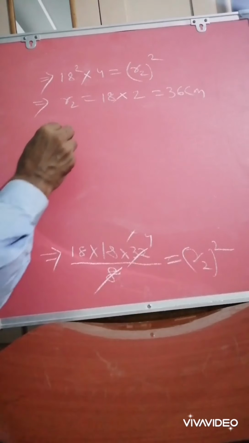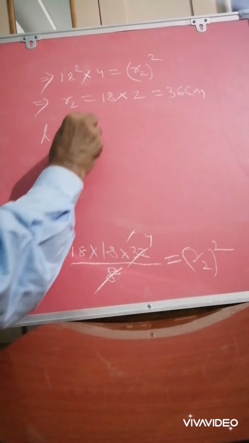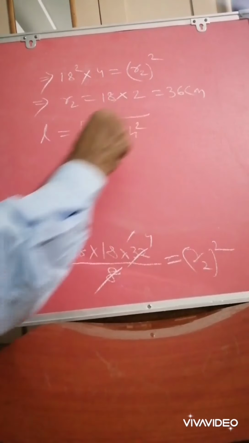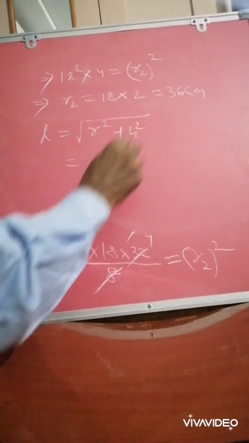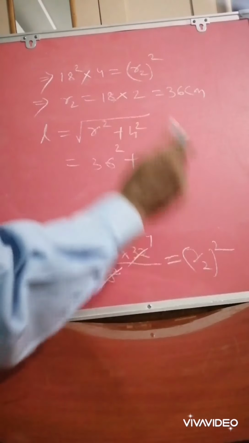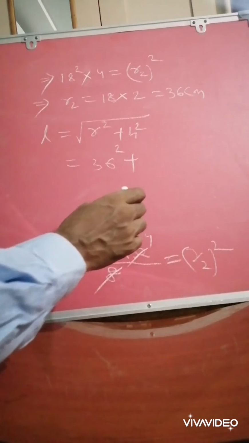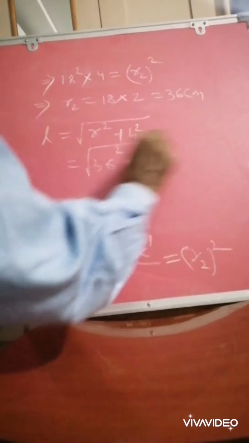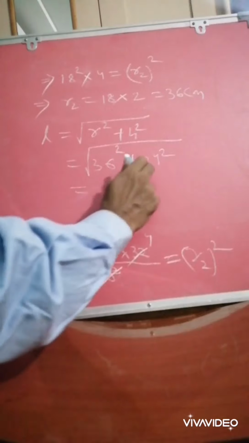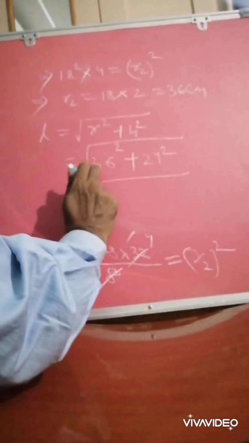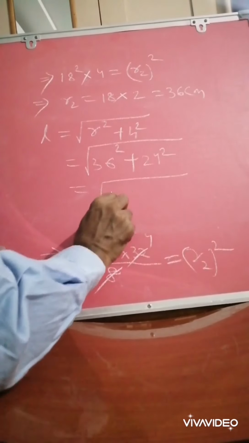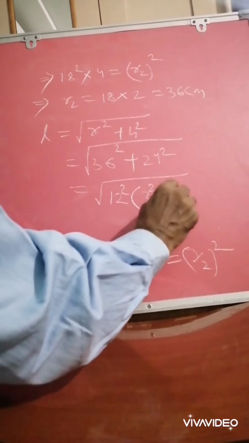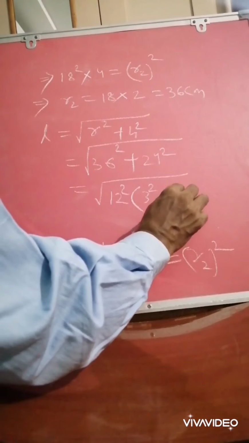The formula of slant height L is root over of r square plus h square. R is 36 we got now, 36 square, and height was given as 24 square, root over. So you take 12 square common: 12 into 3 is 36, so 3 square, plus 12 into 2 is 24, so 2 square.